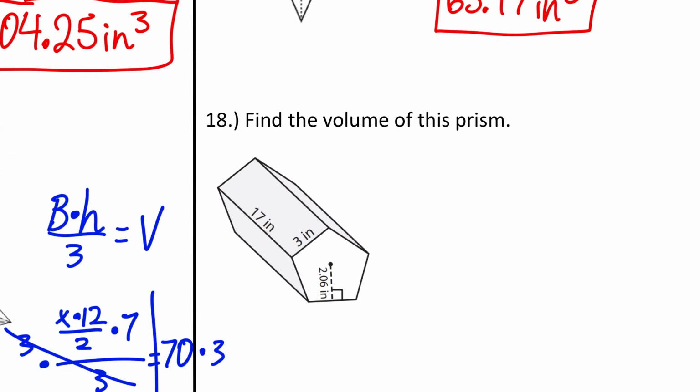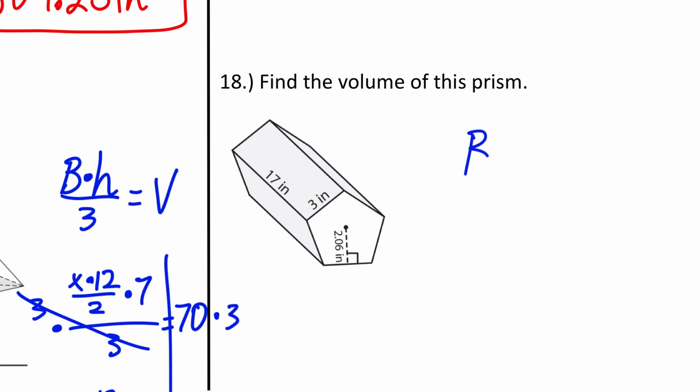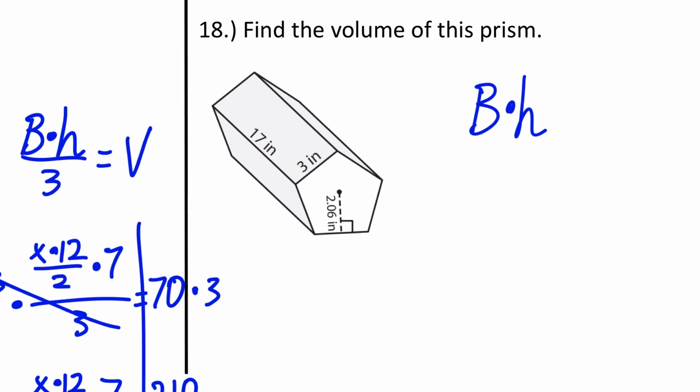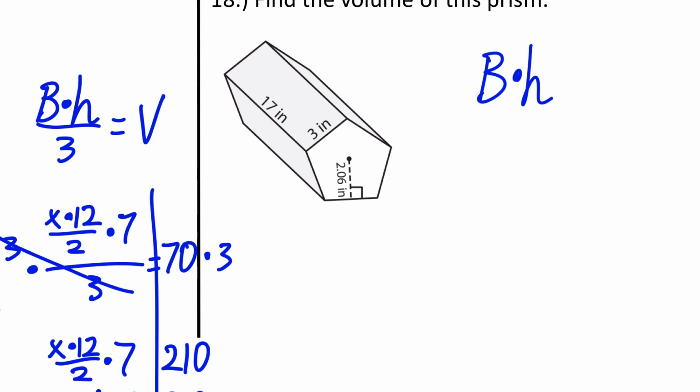All right, then last one, number 18. Find the volume of this prism. Volume of a prism is B times H. Okay, so to find capital B, it's going to be the apothem times the perimeter divided by 2. So it's going to be 2.06 times 3, 6, 9, 12, 15, divided by 2.